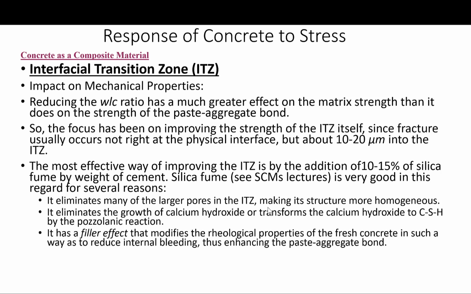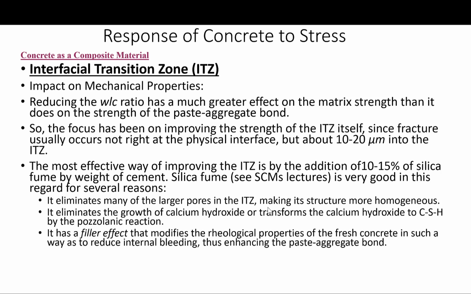But unfortunately, reducing the water cement ratio has much greater effect on the matrix strength than it does on the strength of the paste aggregate bond.